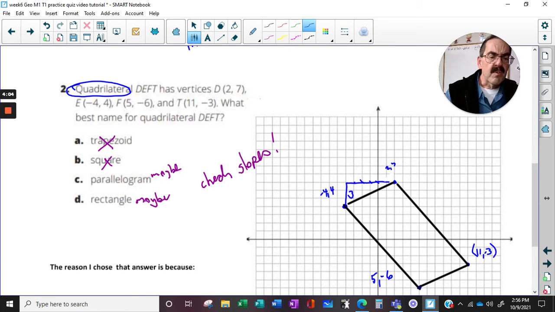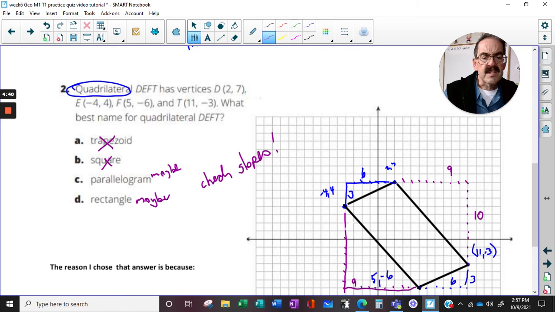Counting the rise and run for each side. I like that. So this is, let's see, 3 over 6, up 3 over 6.